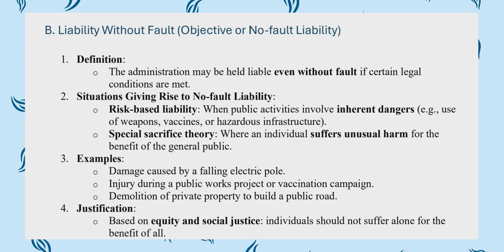So when we talk of this kind of liability, it can either be risk-based liability or special sacrifice, where an individual suffers unusual harm for the benefit of general interest. The only one who has to work for general interest is the administration, not an individual. So when an individual suffers harm for the benefit of general interest, that person deserves compensation, and as a result, the person can hold the administration liable.